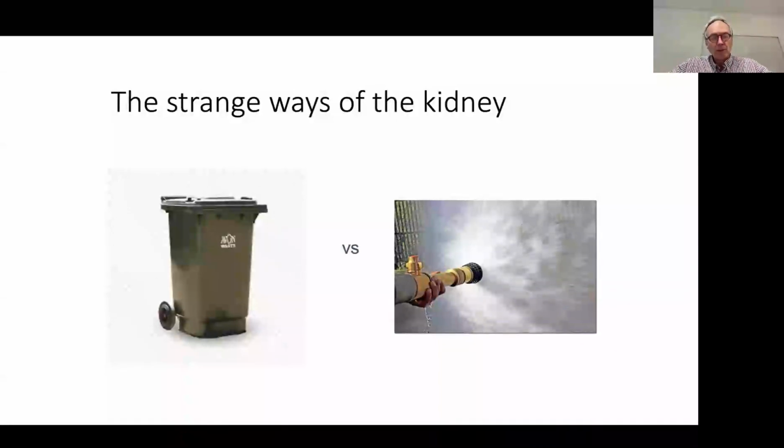And at the end of this enormously complicated process, you would then have the empty banana peel, the empty yogurt cup, the old newspaper still lying out in the front lawn. So that's the waste products that need to be excreted, but everything else would be back in the house. An enormously complicated way of getting rid of waste products.